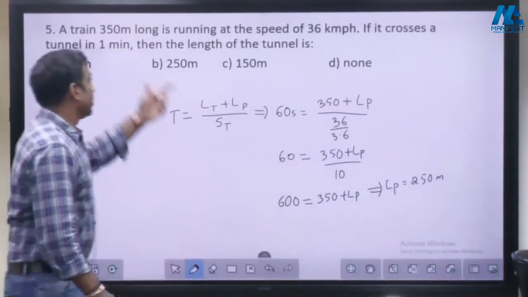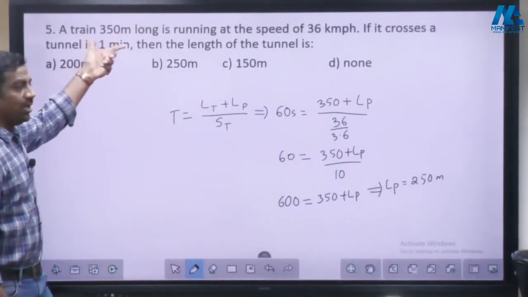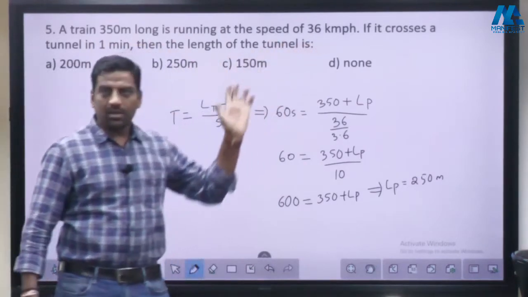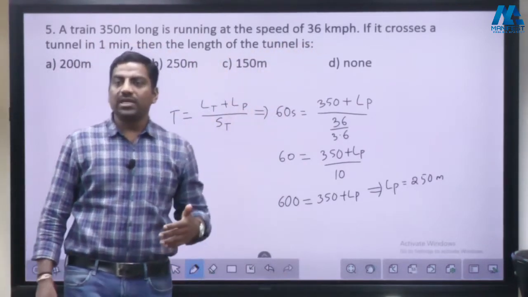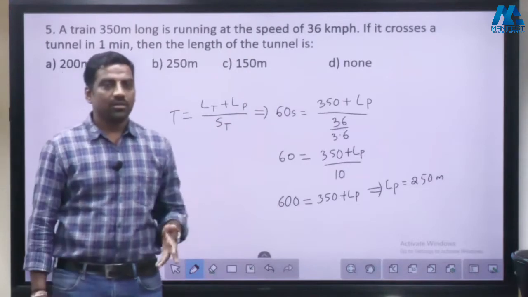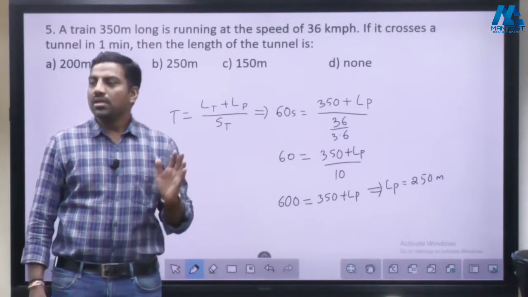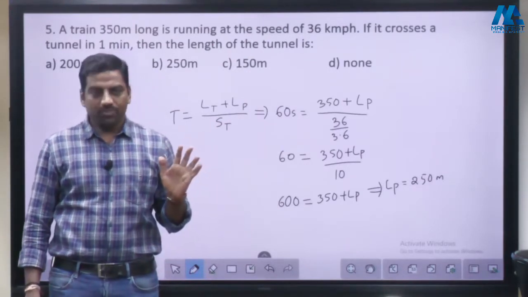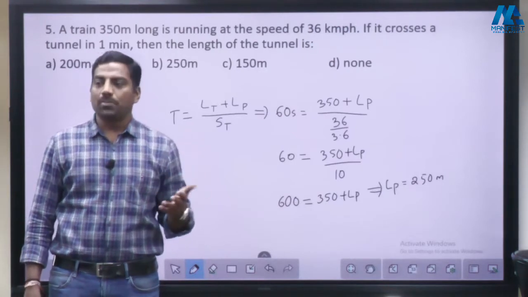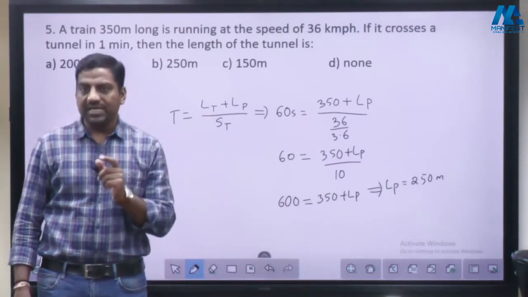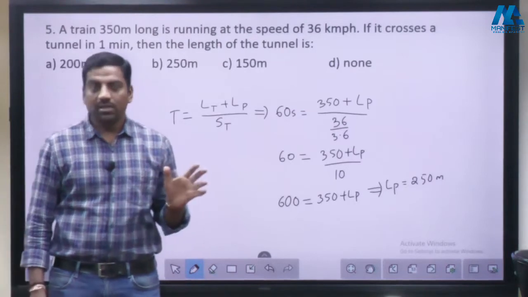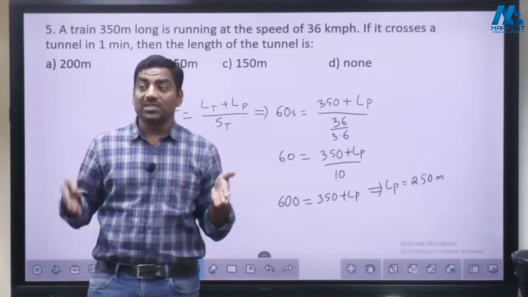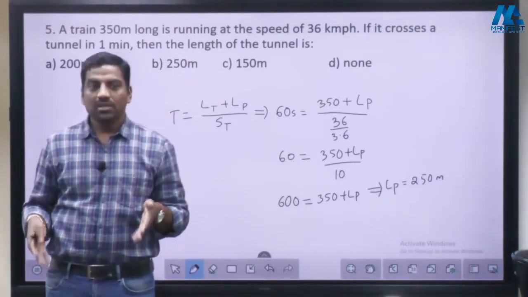See, 350 meter long train, 10 meter per second. So how many seconds will it take to cross its own length? 350 meter length. And the speed is 10 meter per second. Every second it will cross 10 meter. So how many seconds will it take to cross its own length? 35.